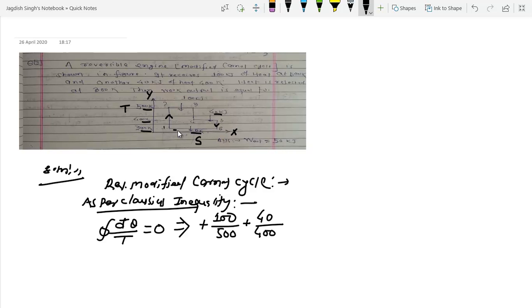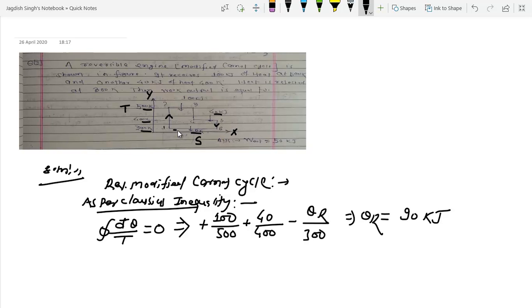In process 6 to 1, QR amount of heat is rejected at 300 Kelvin, from where you can find out QR. After calculation, this QR is 90 kilojoule. It means 90 kilojoule of heat is rejected at 300 Kelvin.